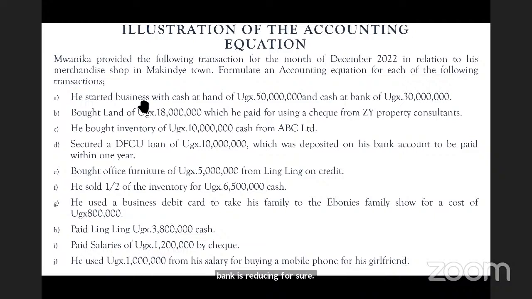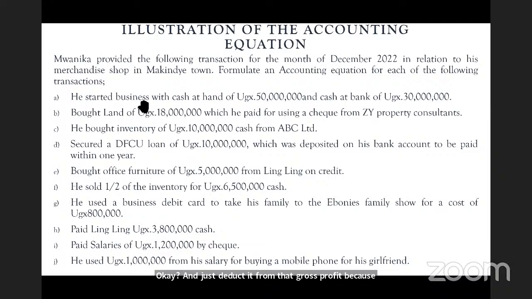Then under equity, that is going to reduce equity, or profit. So since you already have profit, you can simply just deduct it from that gross profit because you already have gross profit there.